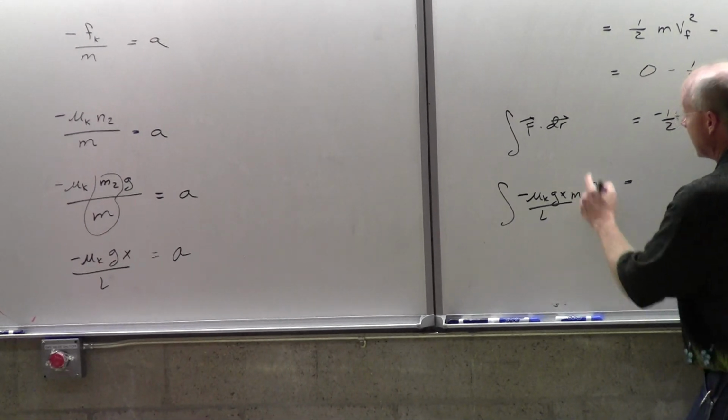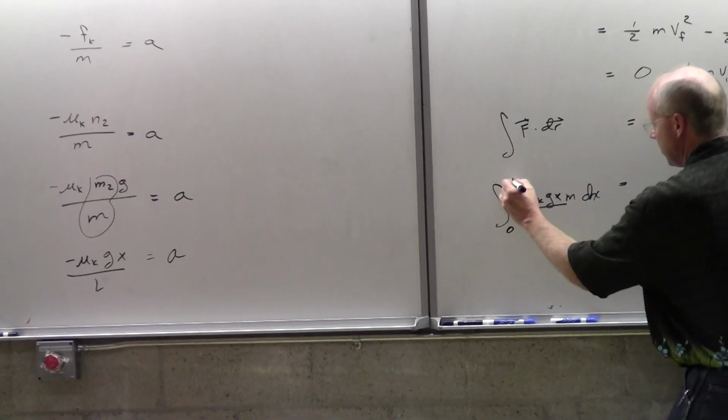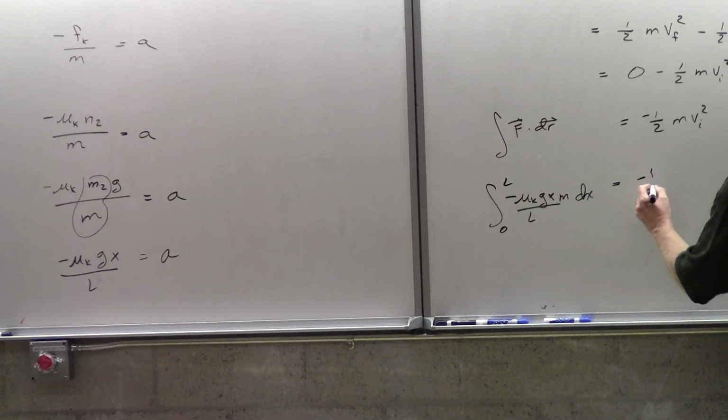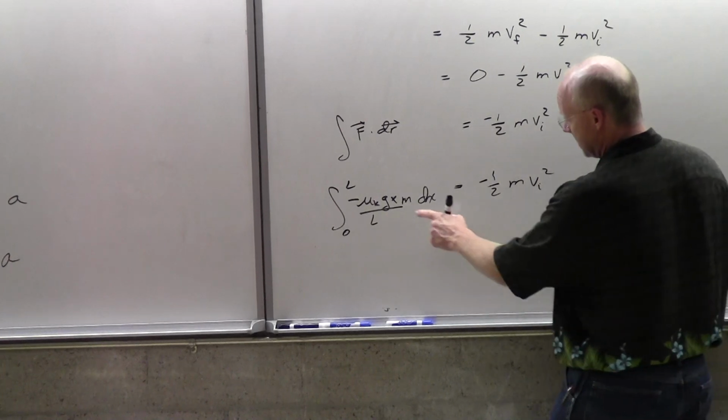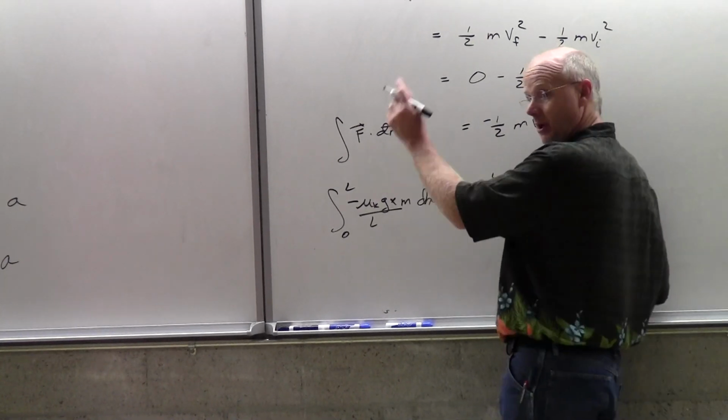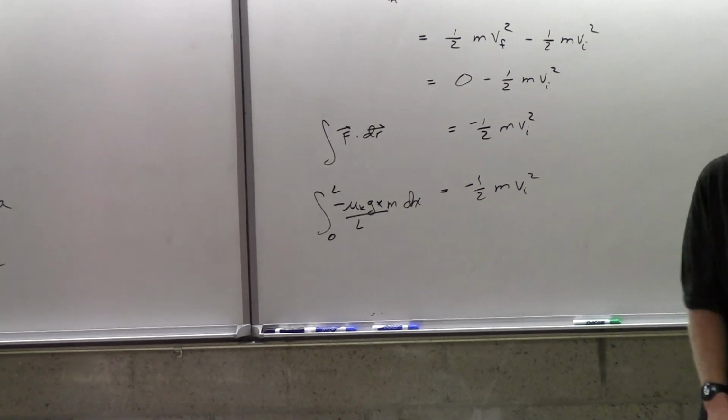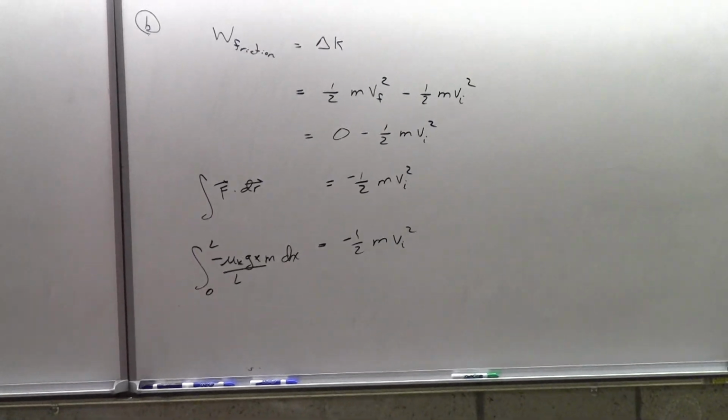Then my dx is my integration from 0 to L, and I guess we're out of time. I'll let you do the integral, but I think you can see the only thing that changes is the x, so you're going to get an x squared, and you can finish the problem and find out what the speed is going to do.